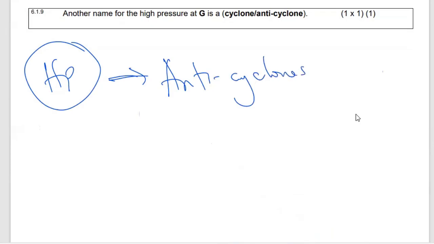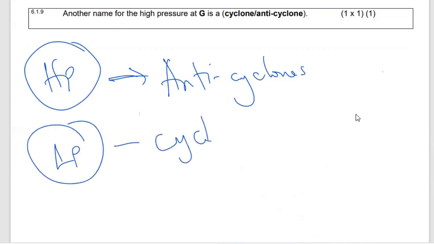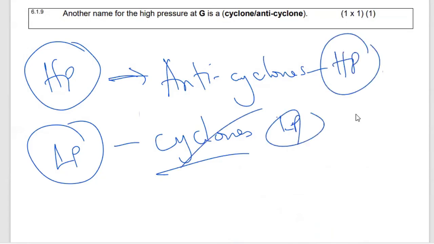So all high pressure cells are anticyclones, and low pressure cells are cyclones. So basically, a cyclonic weather system is a low pressure system. An anticyclonic system is a high pressure system. Always remember these two: high pressure, anticyclone; low pressure, cyclone. That is basically what we're supposed to focus on when you're looking at synoptic weather maps.